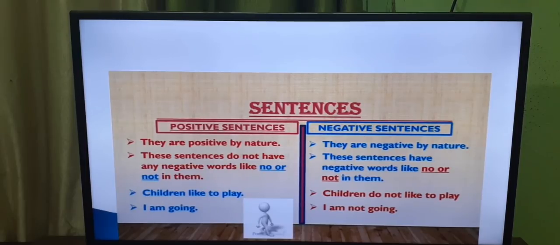That means it is a negative sentence. So, the basic difference between the affirmative sentence and negative sentence is that an affirmative sentence will never have no, not, neither or never in it, and negative sentences will always have them.